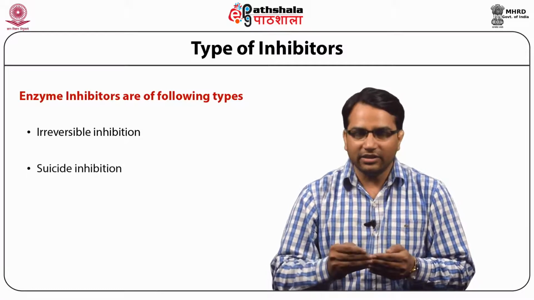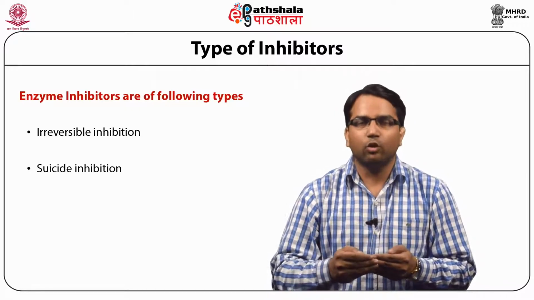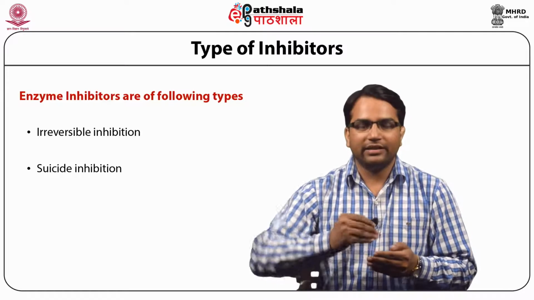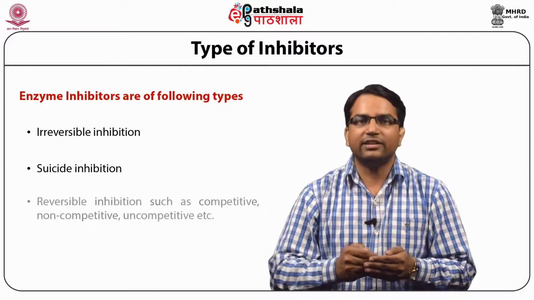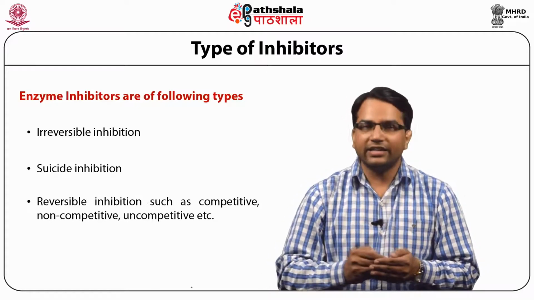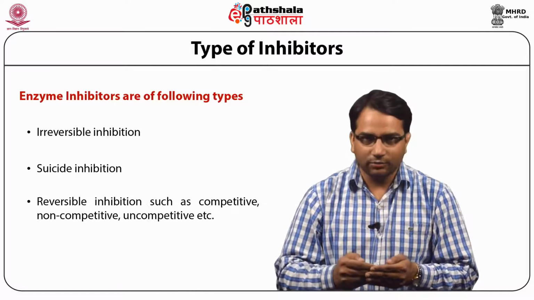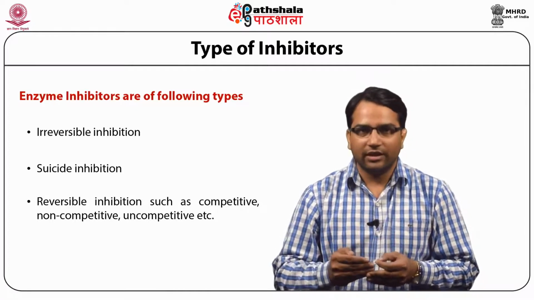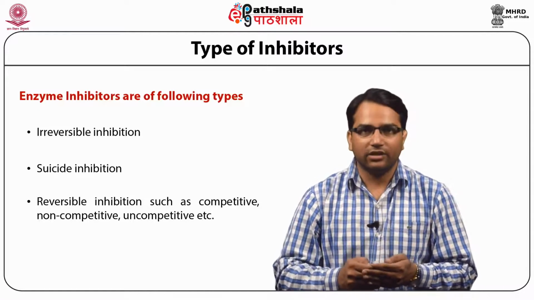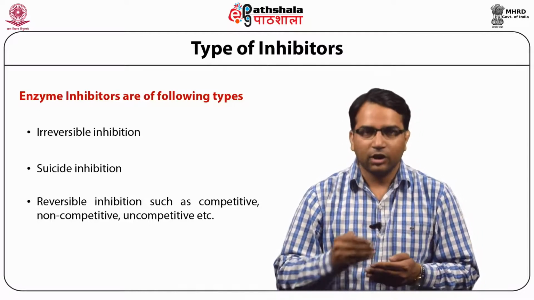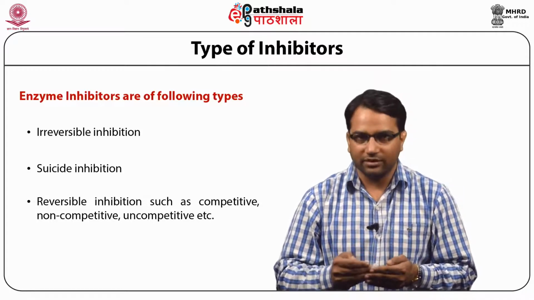Then suicide inhibitor, a specific case of covalent modification inhibitor, which is also known as mechanism based inhibition. Then the third one is reversible inhibition. This mechanism is the most diverse and well studied. In reversible inhibition, the inhibition can be reversed by some means, and it is subdivided into competitive inhibition, non-competitive inhibition, uncompetitive inhibition, and mixed inhibition.